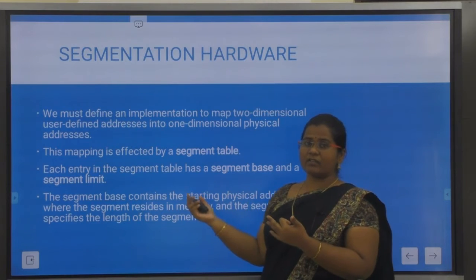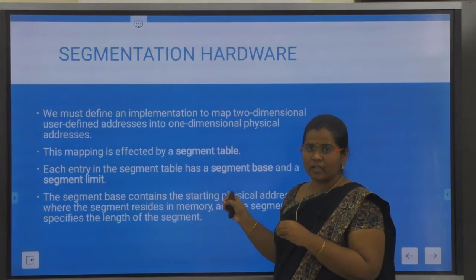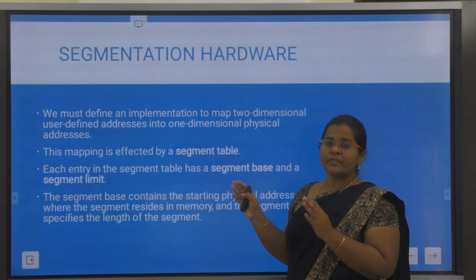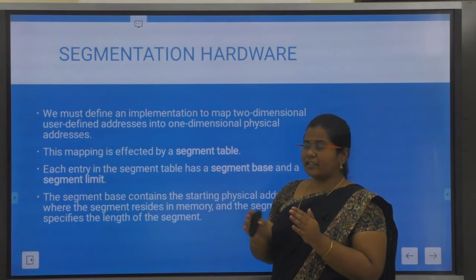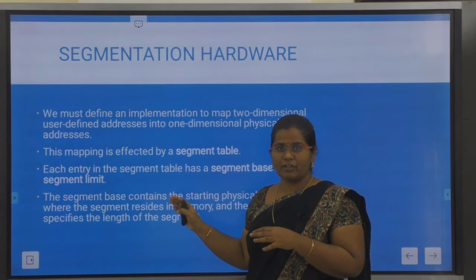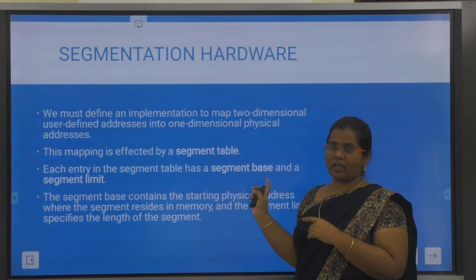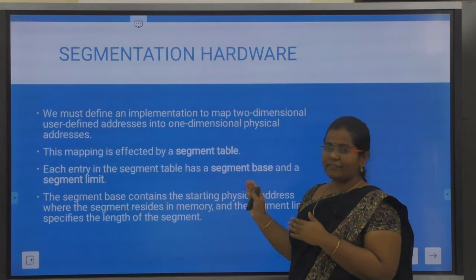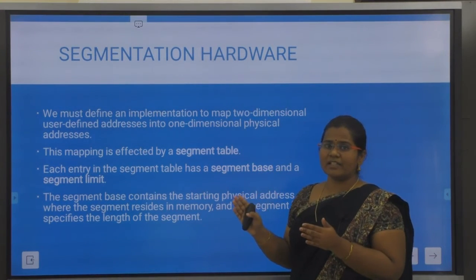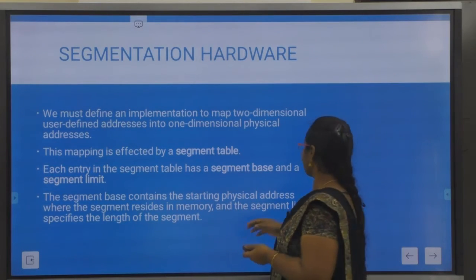If you want to find the actual physical address of an instruction which you want to execute in the CPU, you need to convert the logical address generated by the CPU to the physical address. To convert it, you need some hardware support.